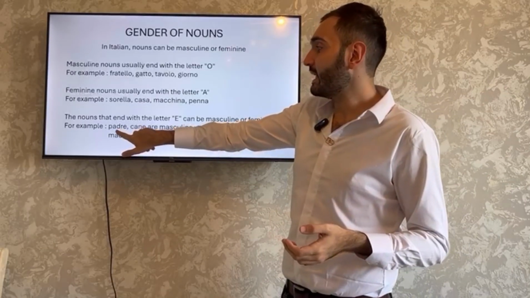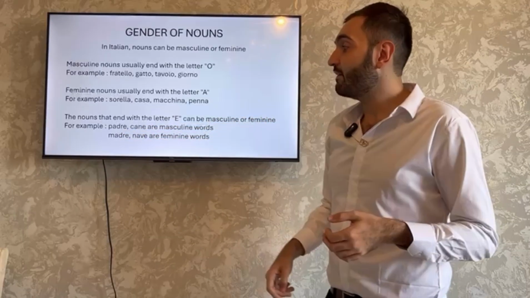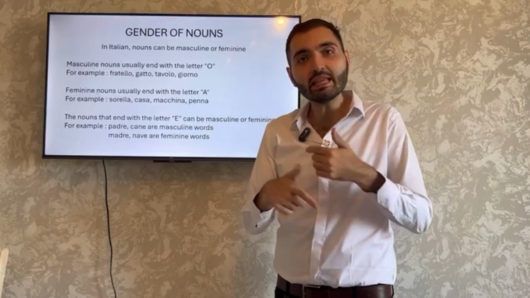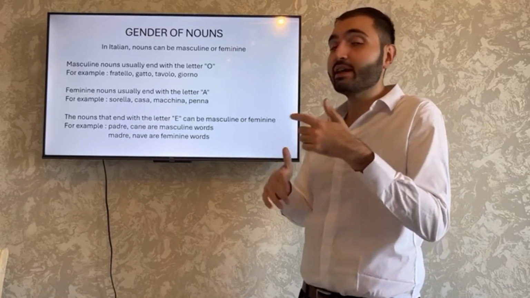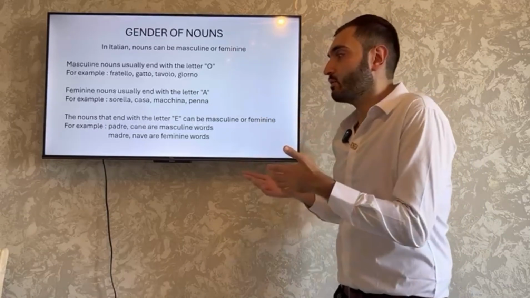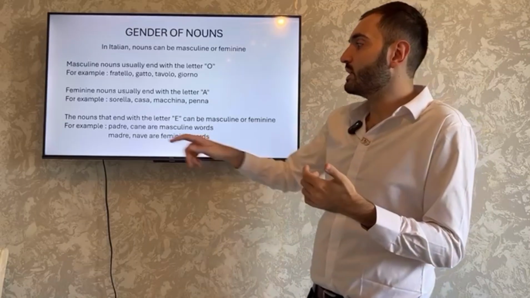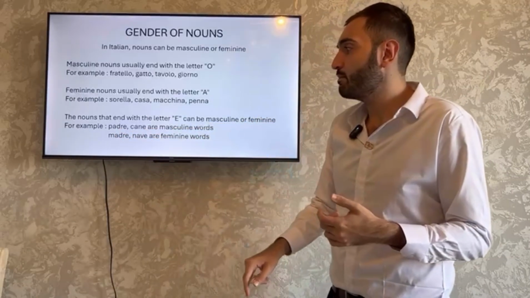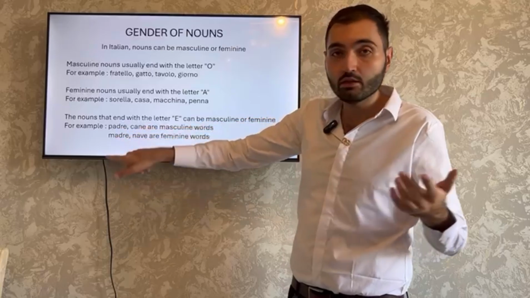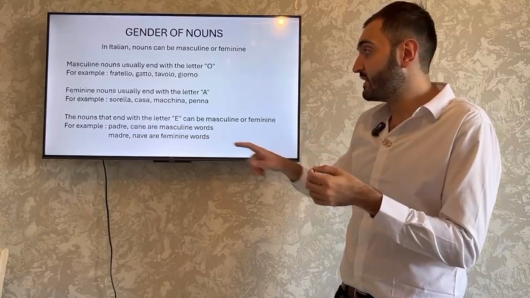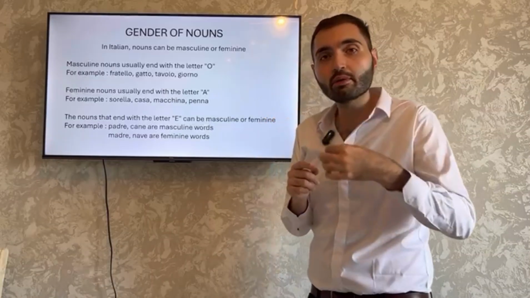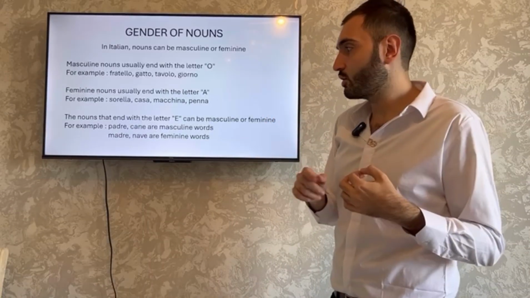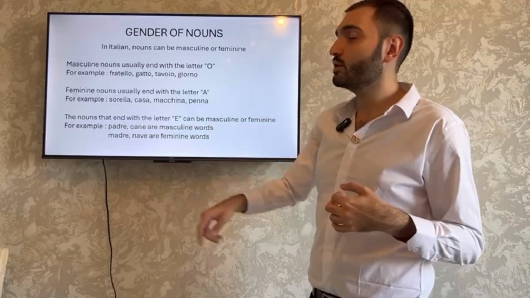And padre ends with letter E. If I didn't know the meaning of this word, or that it's masculine, there would be no way for me to guess its gender, because it could be feminine also. If a word ends with E, it can be feminine or masculine. We need to memorize the gender. So padre is a masculine word that ends with E.